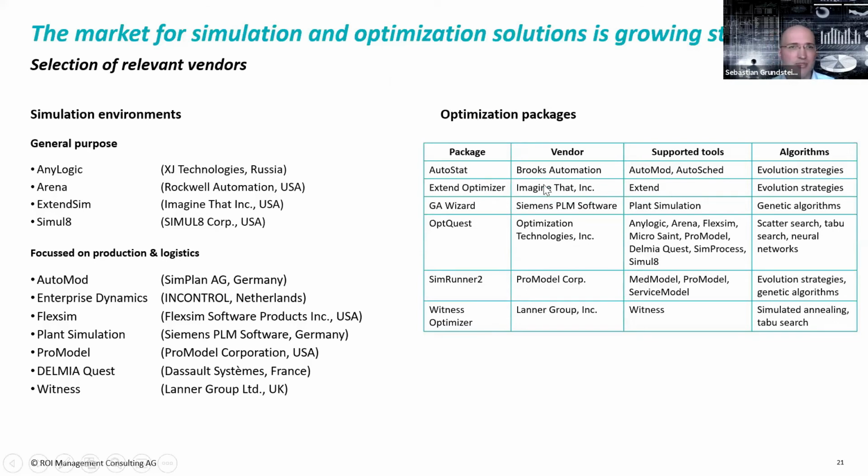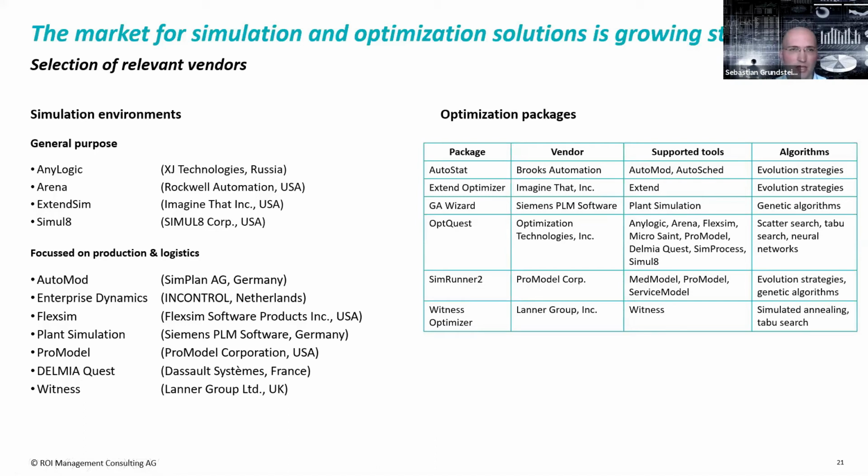You see here some names that are the same. For example, Siemens PLM has the optimization package integrated into their product, and other ones you have to combine. For example, in AnyLogic, you can combine OptiQuest with an interface to do the optimization of the simulation environment.